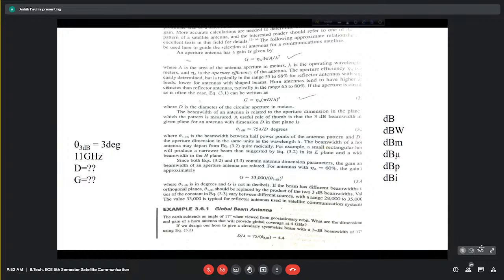So for theta equals 3 degree, 11 gigahertz downlink: 0.68 meter. So that is 68 centimeters.